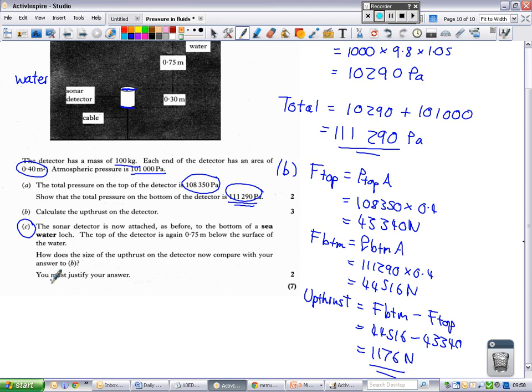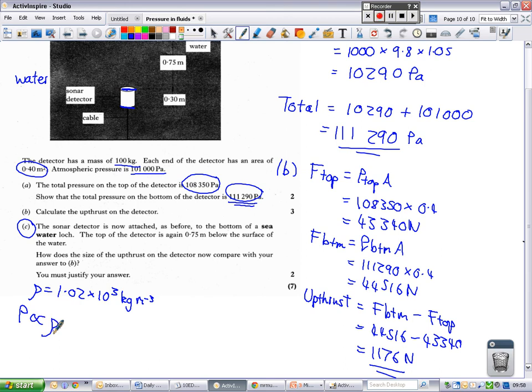Well, what you should be doing is looking for what the density of seawater is. So you should find that the density of seawater is 1.02 times 10 to the 3 kilograms per metre cubed, so it's slightly more than the density of fresh water. You know already that pressure increases with density.